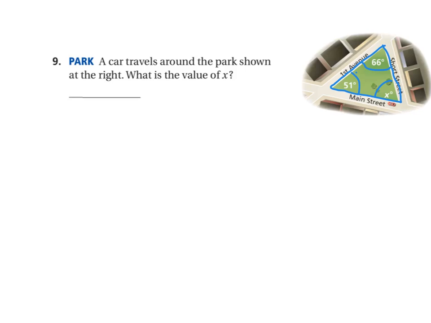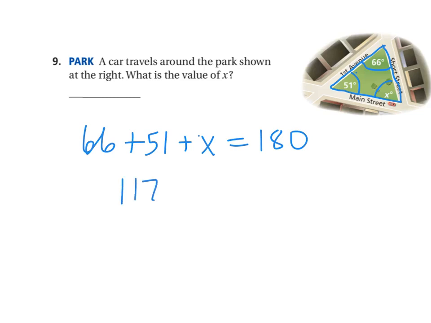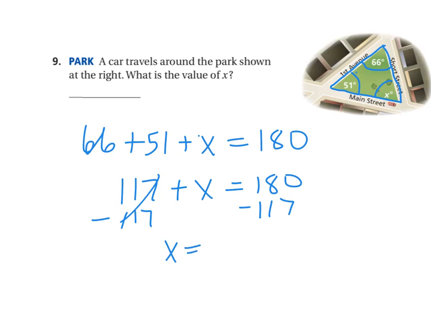So we have 66 plus 51 plus x equals, triangle always equals 180. So I have 66 plus 51, simplifying, I get 117. And then I just finished rewriting. And I'm going to subtract 117. So I'm going to get x equals 180 minus 117. So you should get 63. So that third angle equals 63.